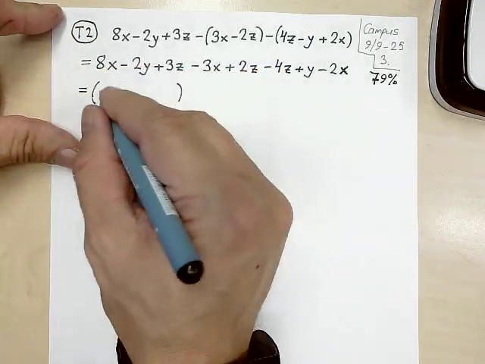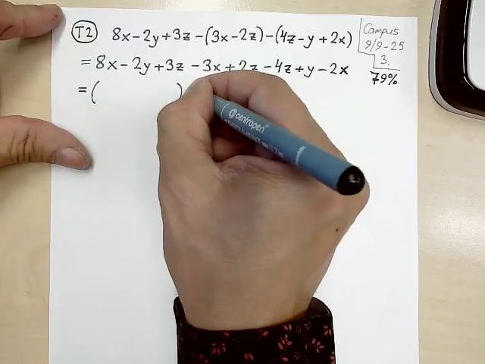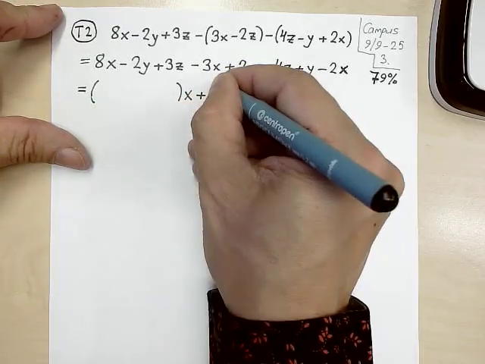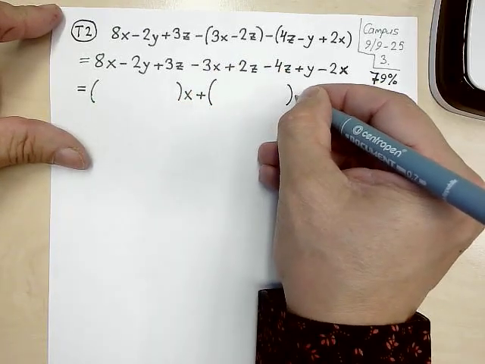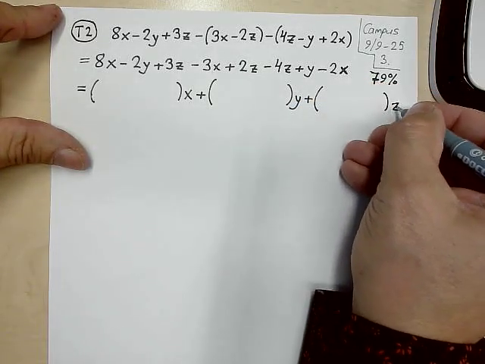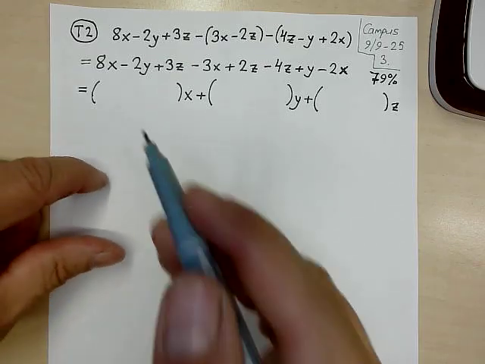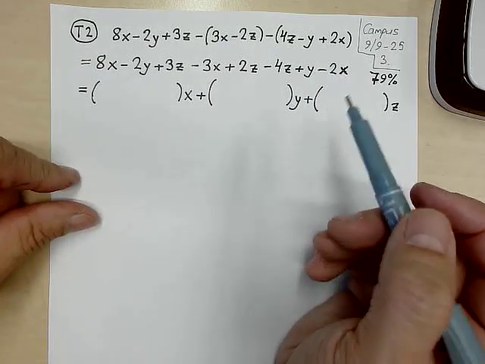I don't care what comes inside right now, but I only write those parentheses and x, then plus, again parentheses and y, plus parentheses and z. And now I have this kind of form where I can put those factors in front of those letters in the earlier expression.